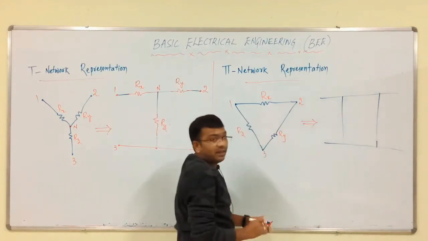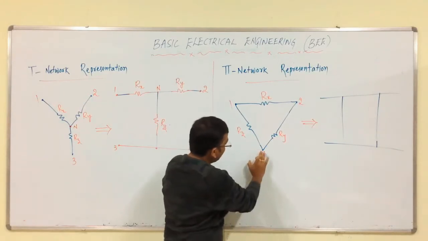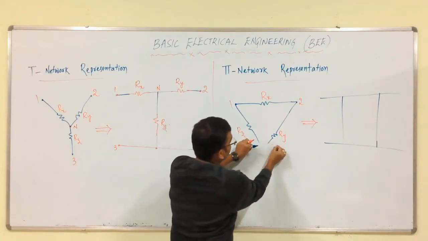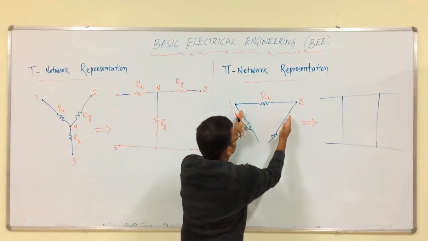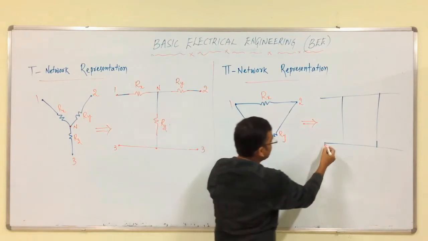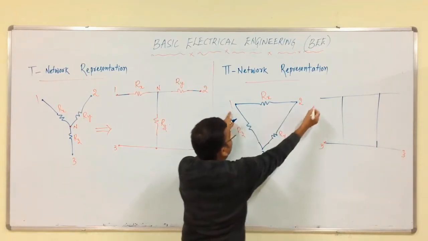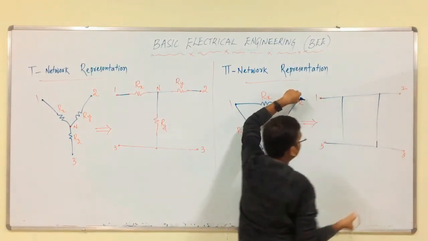So, like this now pi. It means we have to spread these two terminals like this. Okay. This terminal is terminal 3, this is 1 and this is 2.